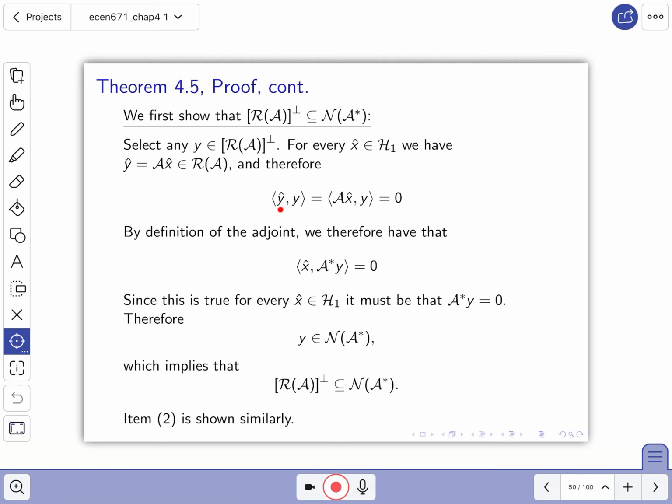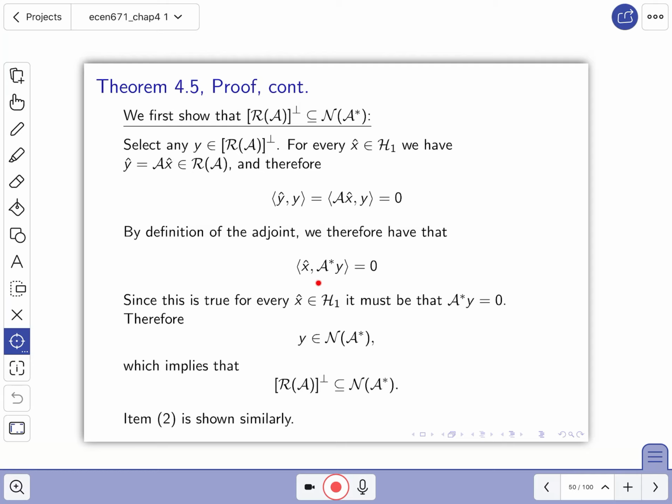So now if we take the inner product of Y hat and Y, we get Y hat is going to be A X hat, inner product with Y. And we know that these things are orthogonal to each other, right? Because Y hat is in the range space of A, and Y is in the space that's orthogonal to that. So we know that this inner product now is equal to 0.